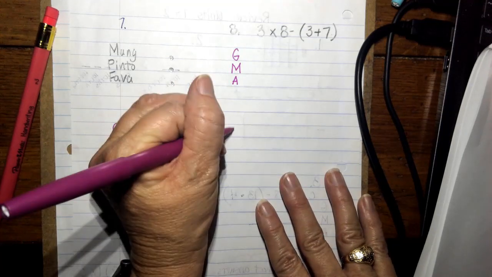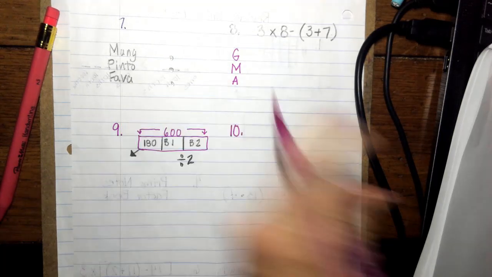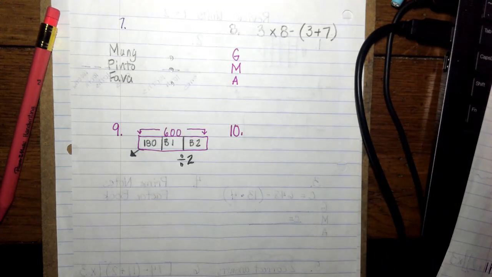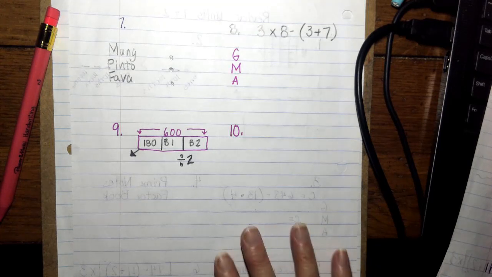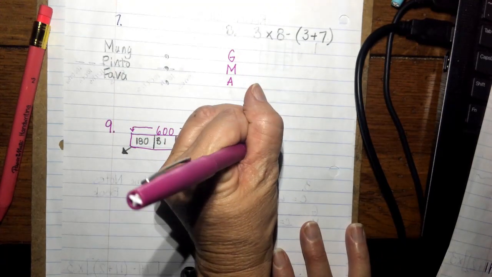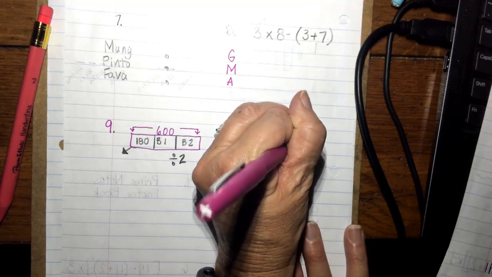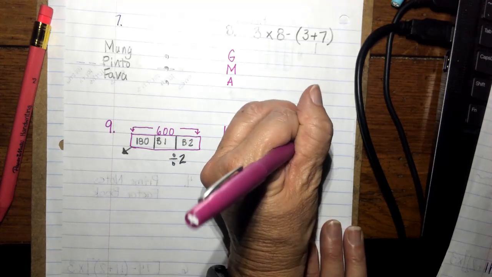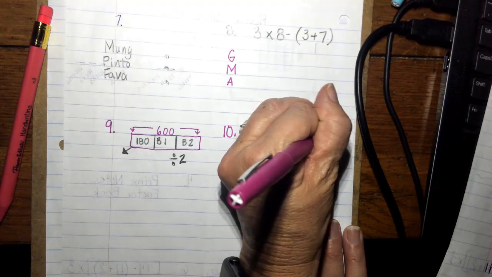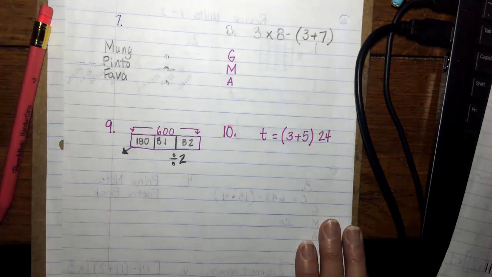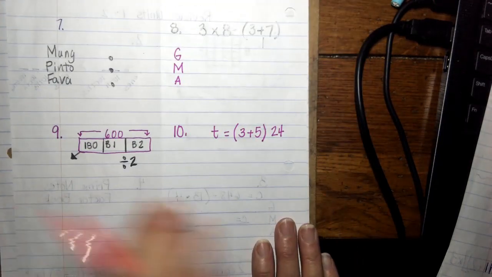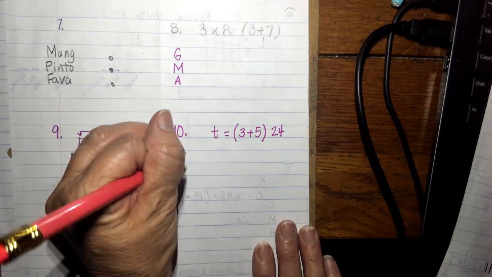Moving on to number 10. For number 10, it's another GMA, so we have T is equal to parentheses 3 plus 5 parentheses 24. And as I just glance at this problem, I know it's GMA.